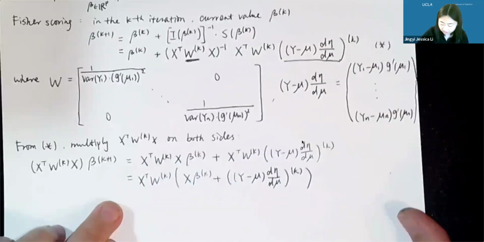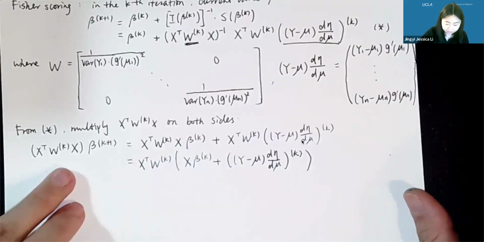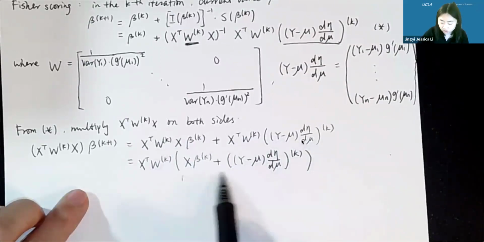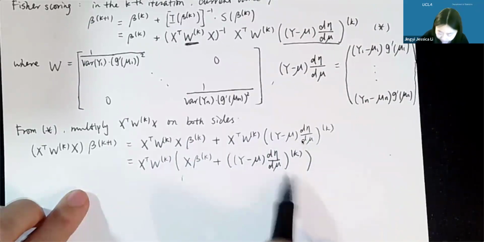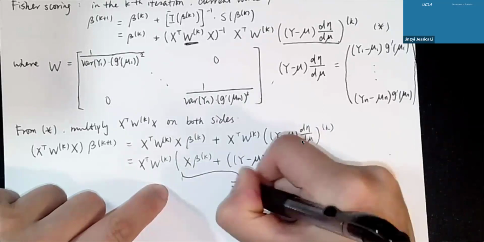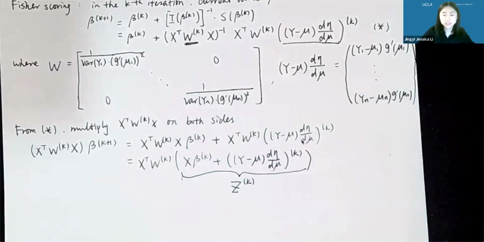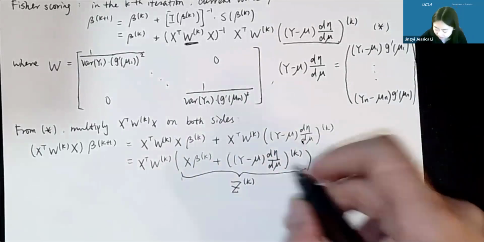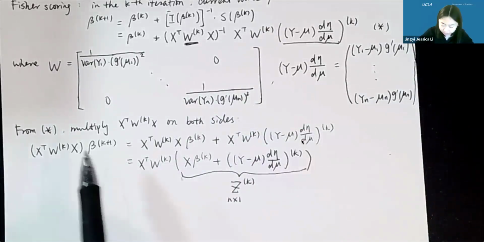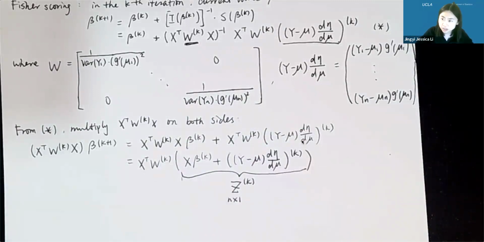And then if I denote this term by a notation Z_k, which is itself an n-dimensional vector, so this is n by 1, then I can find that my update can be further simplified just like a weighted least squares form.